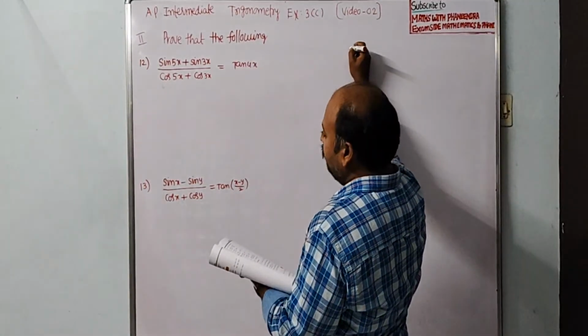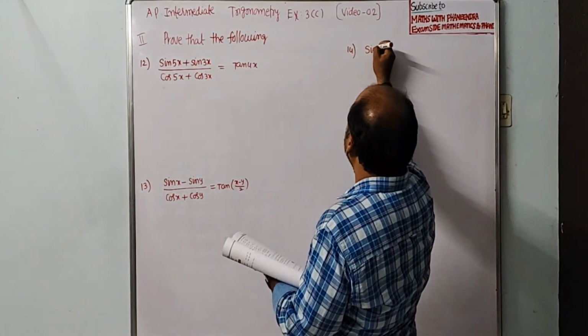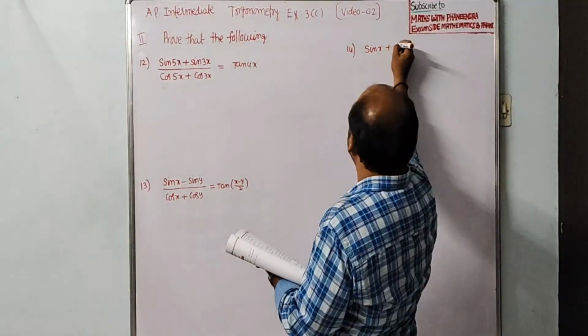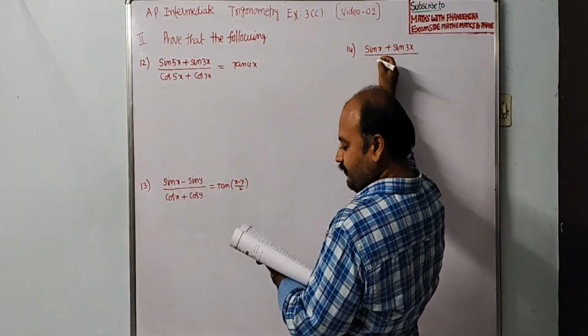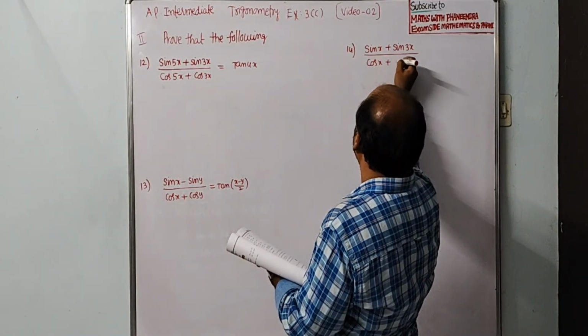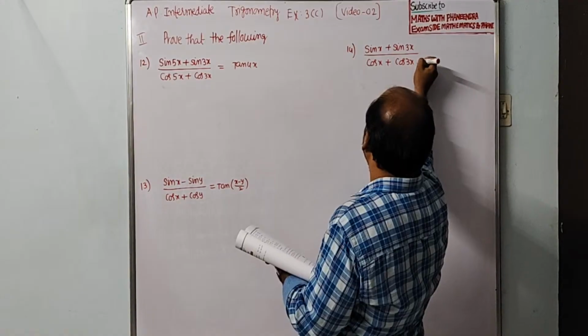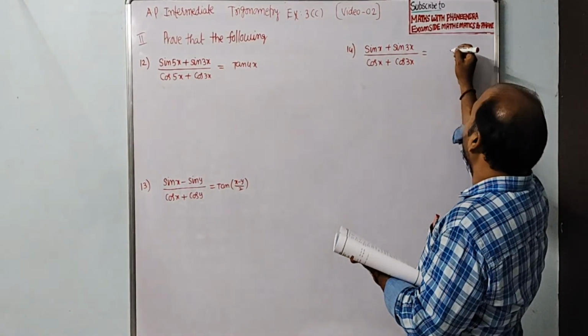Question number 14. Sin x plus sin 3x divided by cos x plus cos 3x is equal to tan 2x.